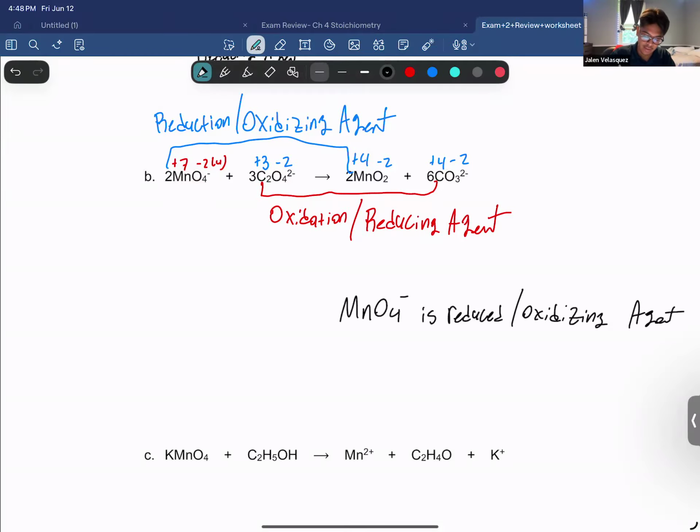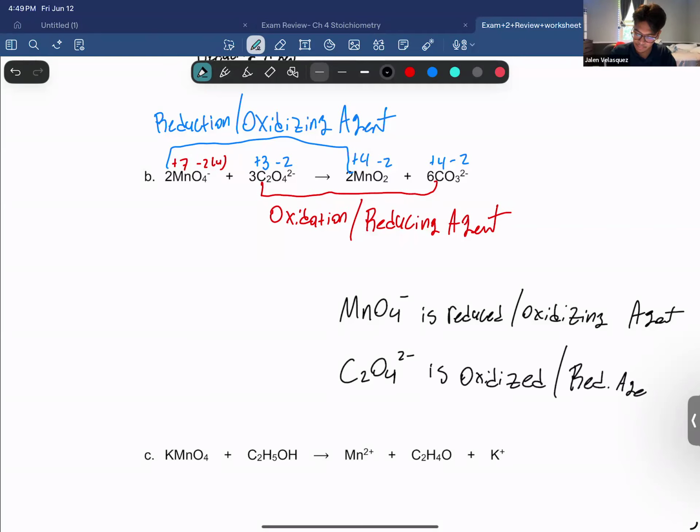And then you would say oxalate, so C2O4 2 minus. It's oxidized, and because it's oxidized, it operates as the reducing agent. Okay, so any questions on part B?